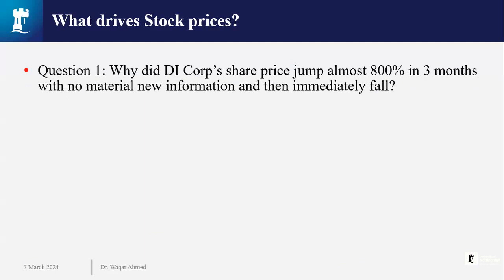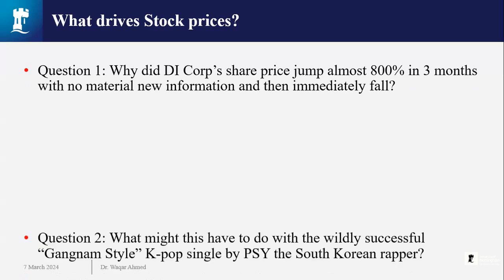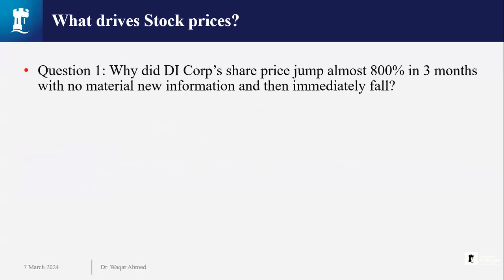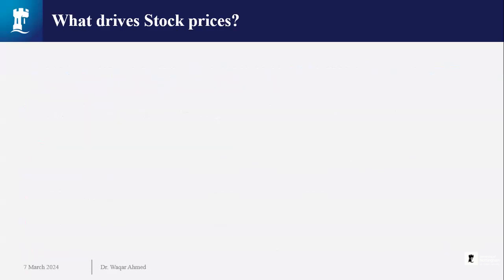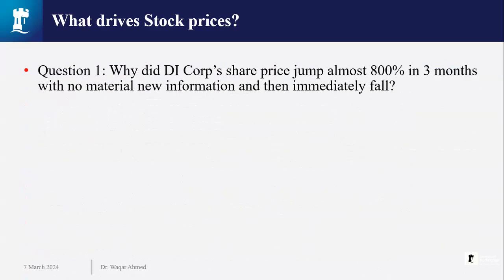So the questions that I have to ask you are the following. When the song that I just showed you came out, the share price of this company jumped by 800%. So why did DI Corp's share price jump almost 800% in 3 months when there is no material new information?